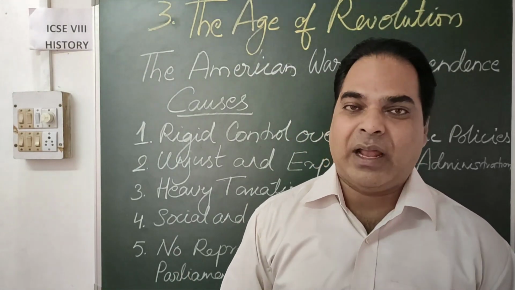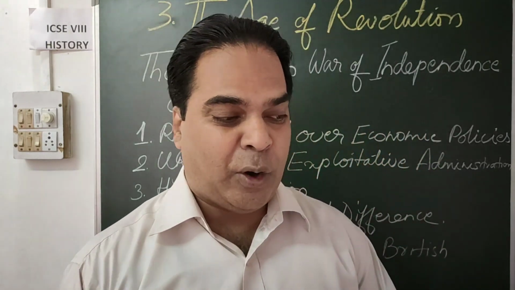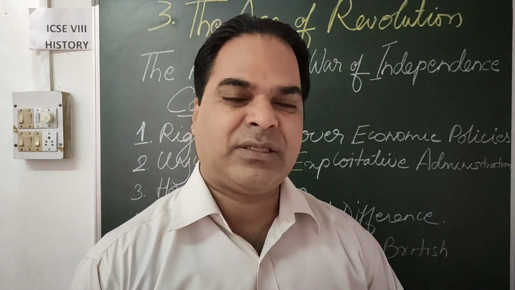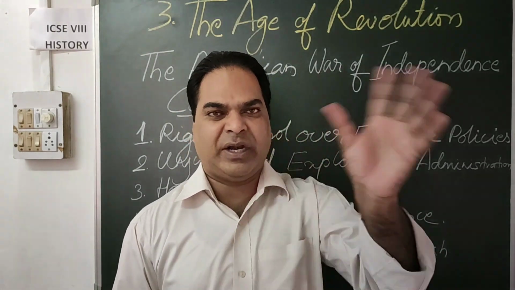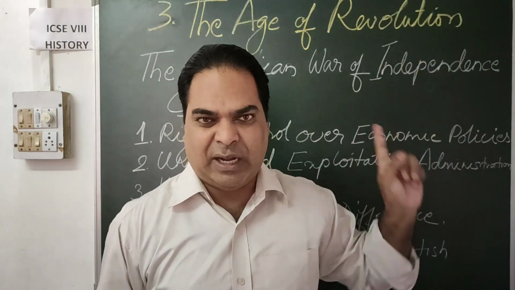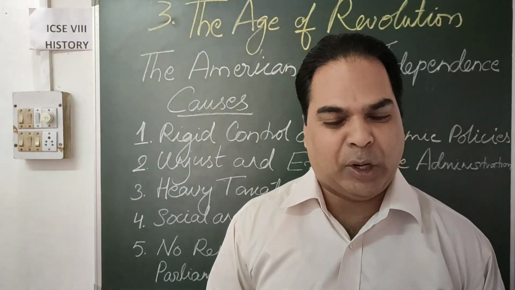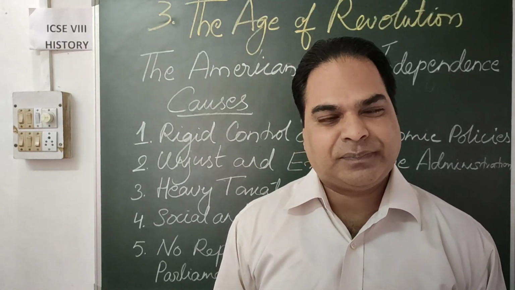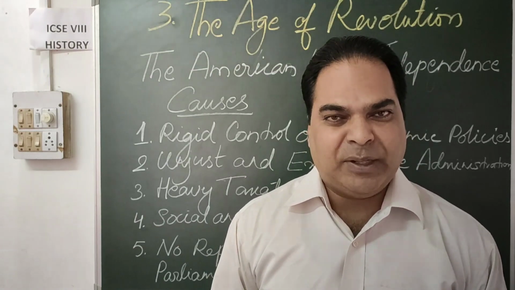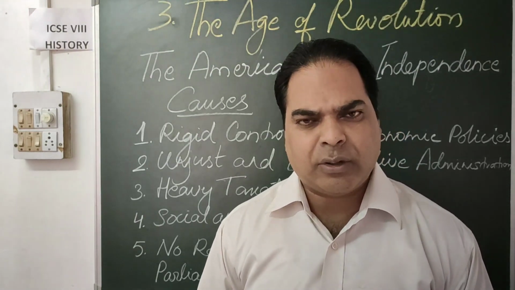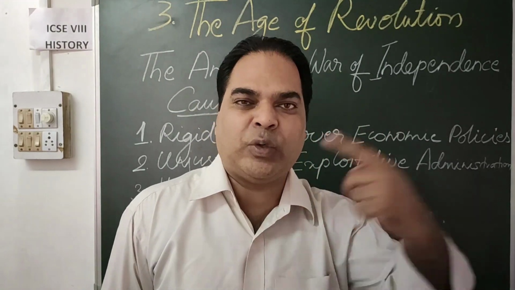And this slogan became a clarion call. It was a clear message from the colonies to the British Parliament that these people were not going to obey the orders of the British government. No representation means no taxation. If our government is not working for us, why should we pay the taxes?